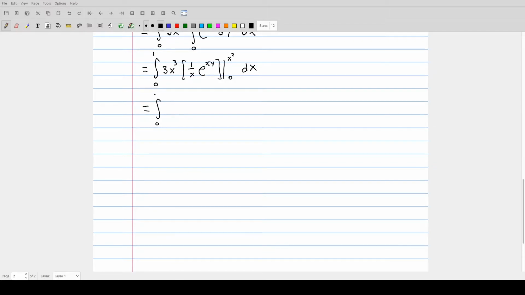this becomes the integral from 0 to 1 of 3x cubed. And actually, x cubed over x is just x squared, so we'll simplify that right away. It becomes e to, then we plug in x squared for y, we get x cubed, minus e to the x times 0, which is just e to the 0, or 1, dx.